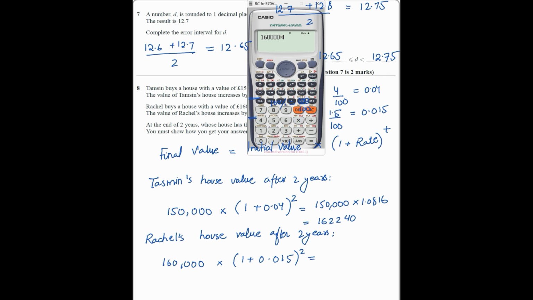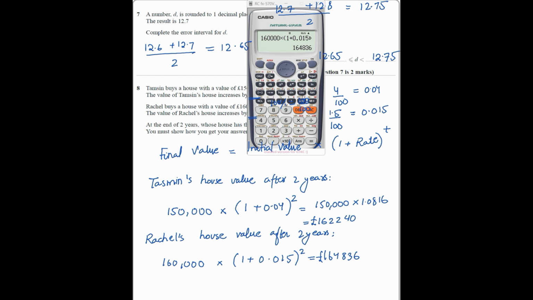160,000 multiplied by 1 plus 0.015 to the power of 2. Press equals. It will give you 164,836 in pounds. It is quite simple that Rachel's house has the greater value after 2 years.